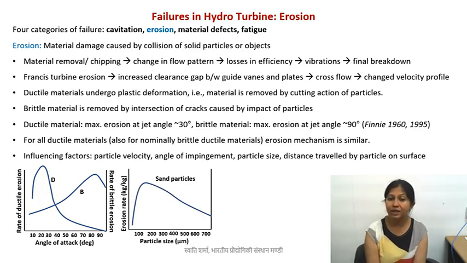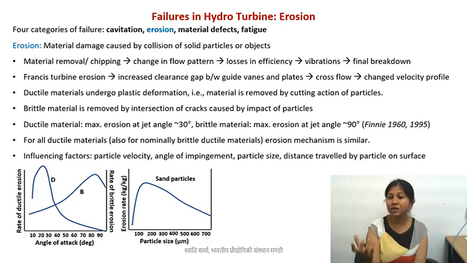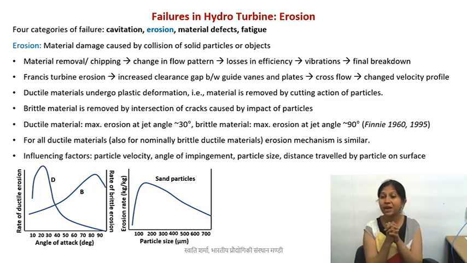It turns out that the optimum size for maximum erosion is between 130 to 200 micrometers. When the particles are much smaller, let's say 1 micrometer, they are practically harmless to the turbine blade surface. At the same time, if you have really millimeter-scale particles, so you have stones, they are also relatively harmless to your turbine blade. But when you have these 100 to 200 micrometer particles, your blade will experience maximum erosion.